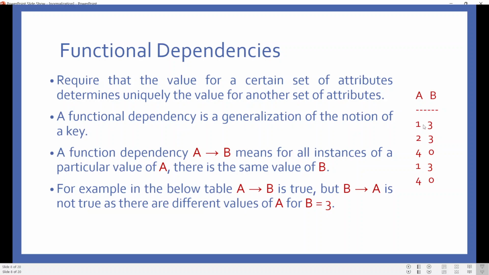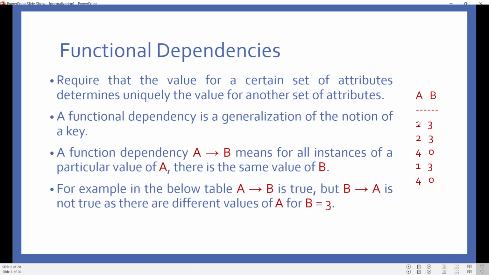When we know the value of A, you can find B if this functional dependency is true. So when I know the value of A is 1, the value of B is 3 here.